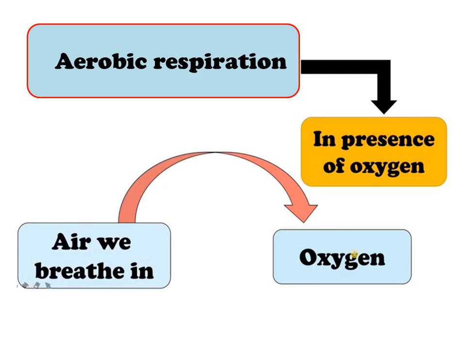Cellular respiration takes place in the cell organelle called mitochondria, which I have already shown you in the previous class video. The oxygen that an organism breathes in reacts with the carbohydrate or glucose present in the food and results in the release of carbon dioxide, water and energy.